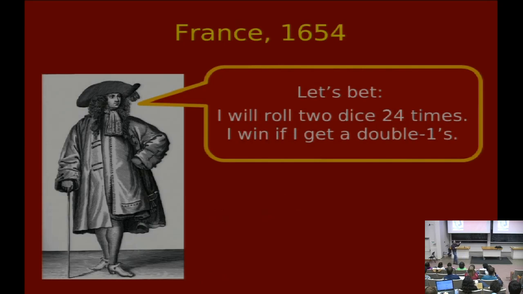Then he moved on to this next gamble, where he rolls 24 times and he's trying to get double 1s. Does anybody know what double 1s is called in gambling? Yeah, you guys are hardcore gamblers. So how are we going to compute the probability that Murray wins in this game?